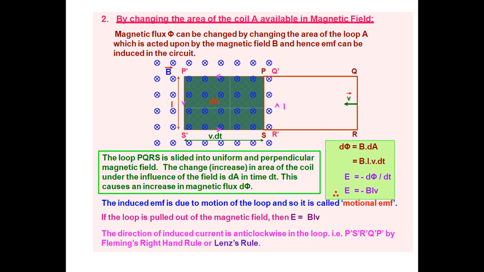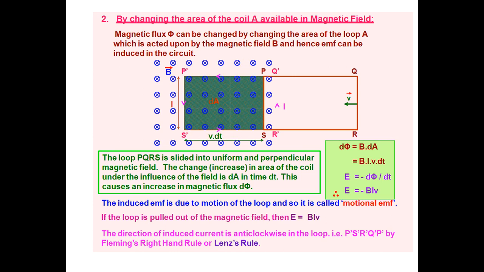Then the change or increase in area of the coil under the influence of the field is dA. This is the area of the coil that is increased in this uniform magnetic field in time dt.